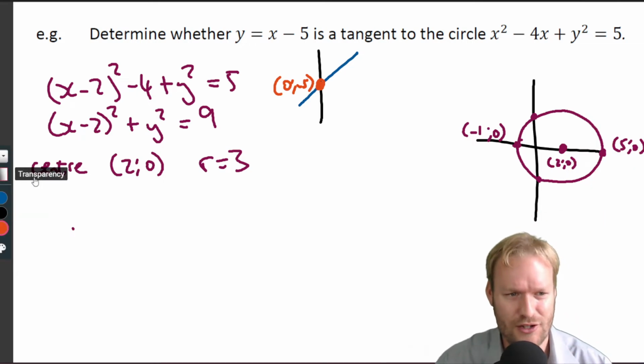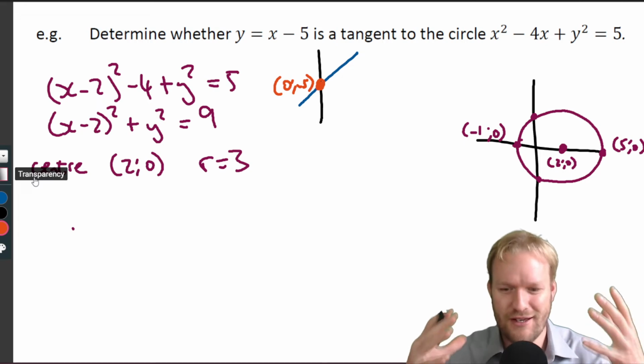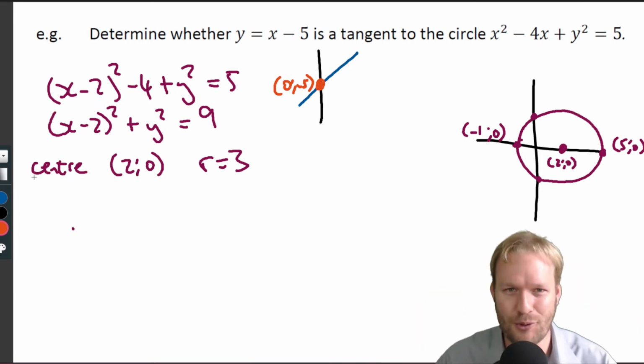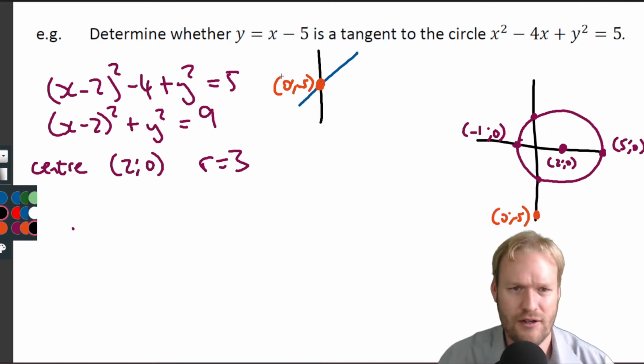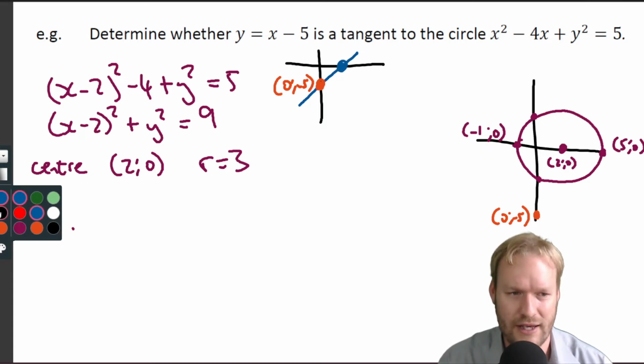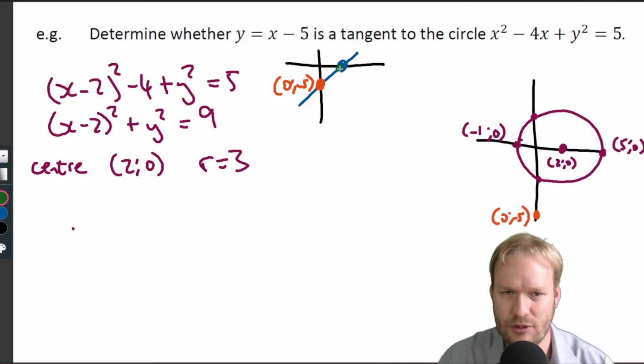So we really need to, with circles, I find this visual thinking is so important. So let's go. If this point here is minus 5, I'd say that that's a whole lot further down here, 0, minus 5. If we work out the x-intercept, where y is 0, we can work out what this value here is.